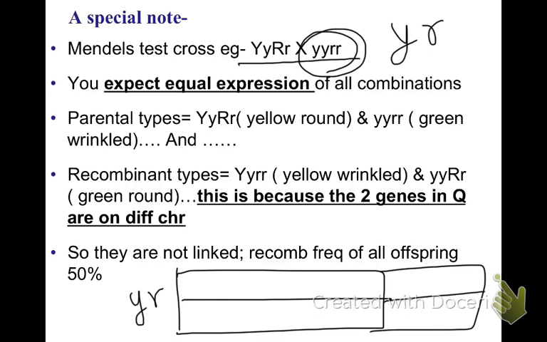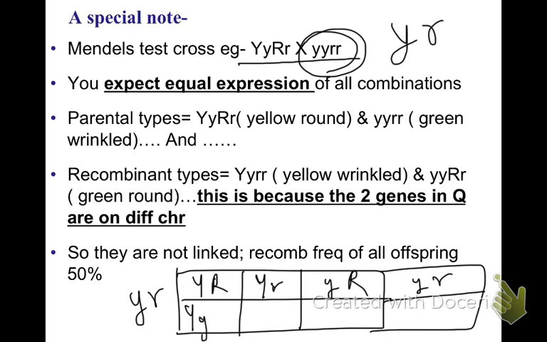So you see, I can have capital Y, capital R in one of the haploid ova or sperm. Capital Y, small r. Small y, capital R. Small y, small r. So you see, I can have these combinations.